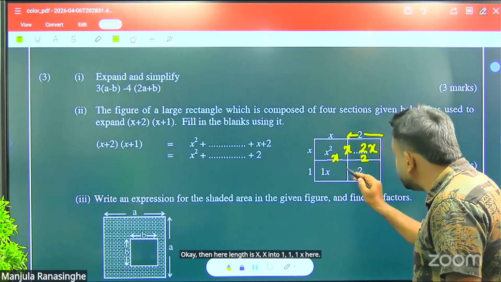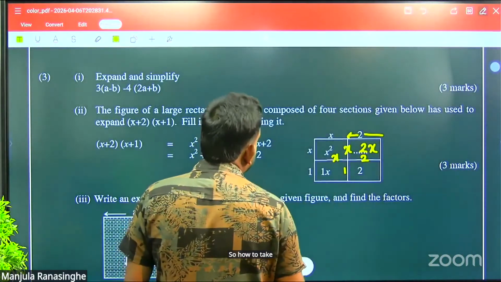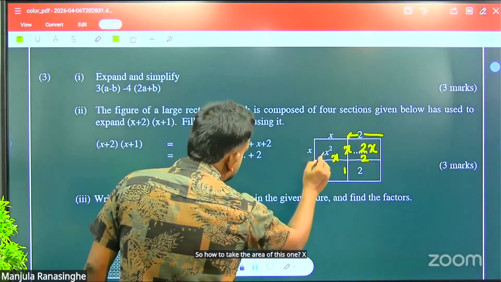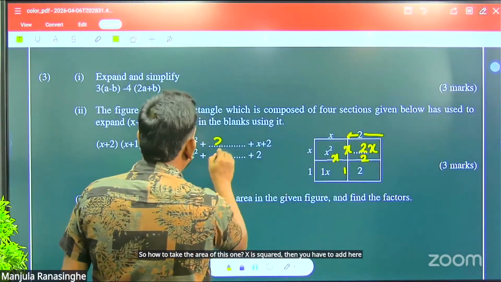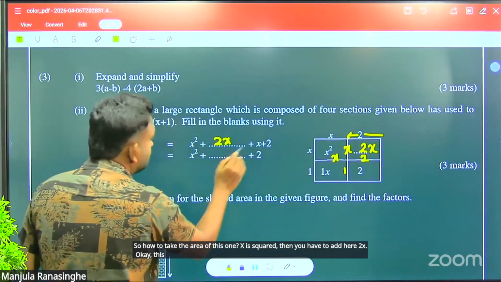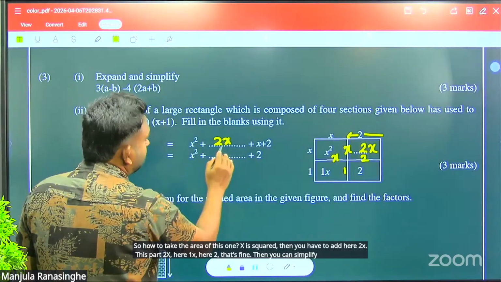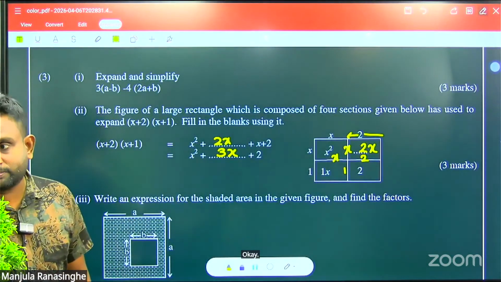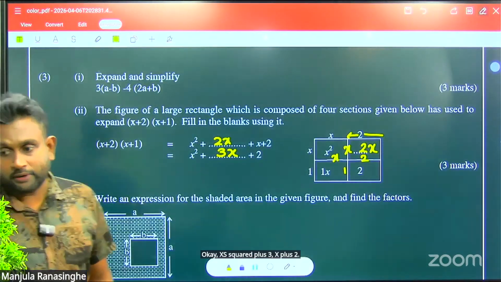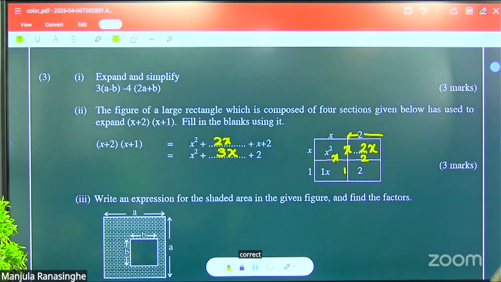Here 2 into 1, 2. So the total area is x squared plus 2x plus 1x plus 2. You can simplify 2x plus x as 3x: x squared plus 3x plus 2. Keep them correctly.